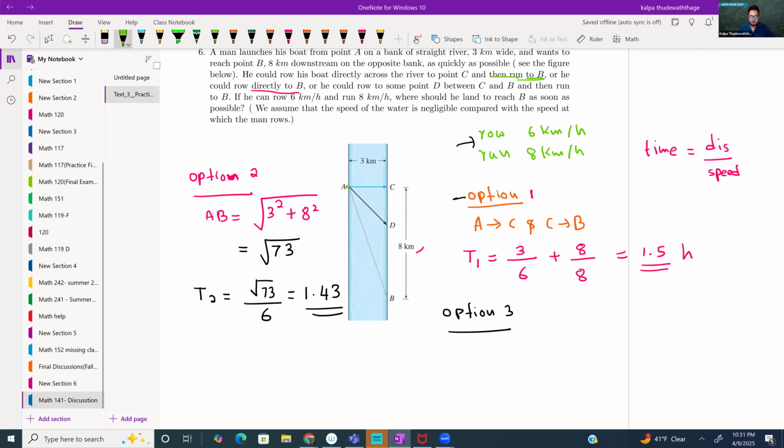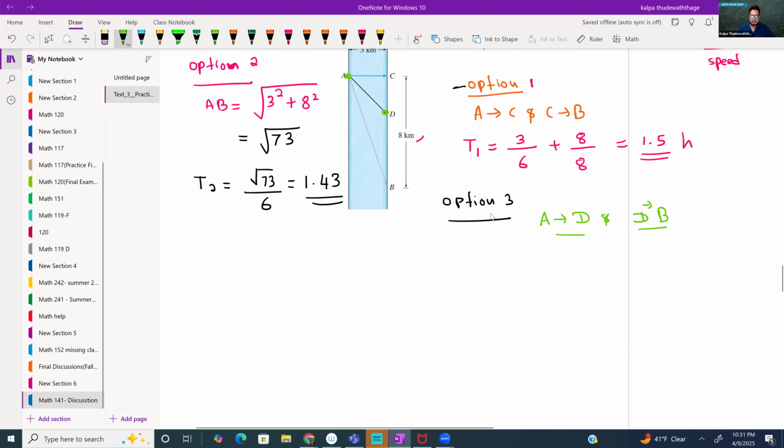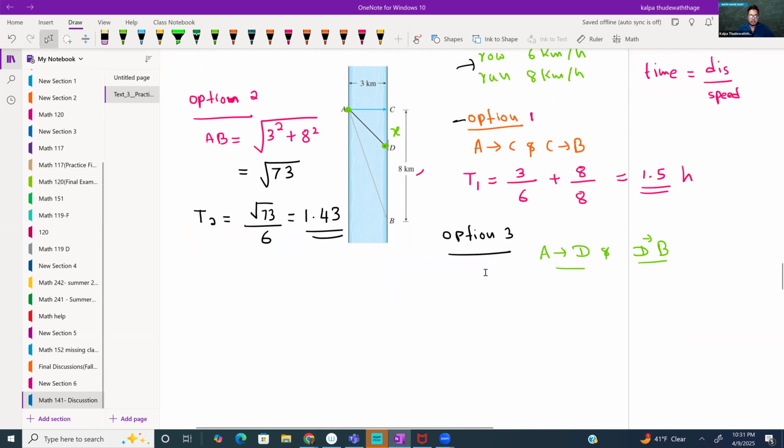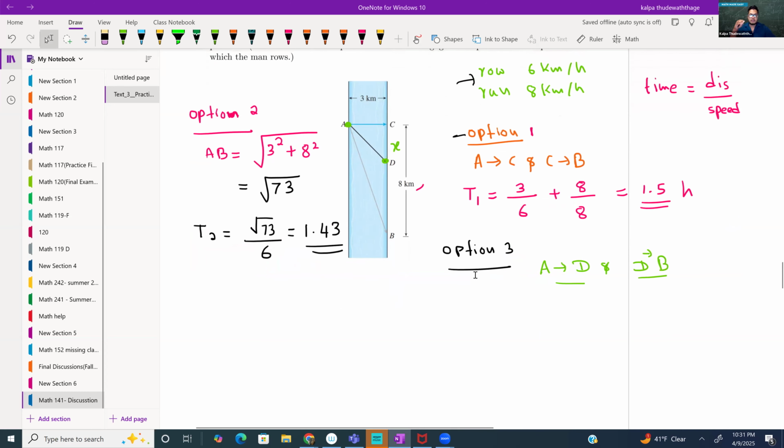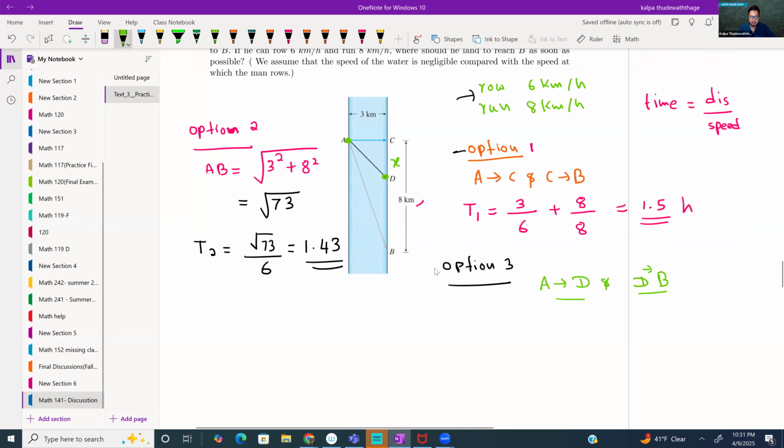All right, he can start from A and row to D, so A to D, and then run from D to B. So you can choose this length to be X. That means he lands at point D, which is X kilometers from point C. You can choose X from here if you want, but it doesn't matter.